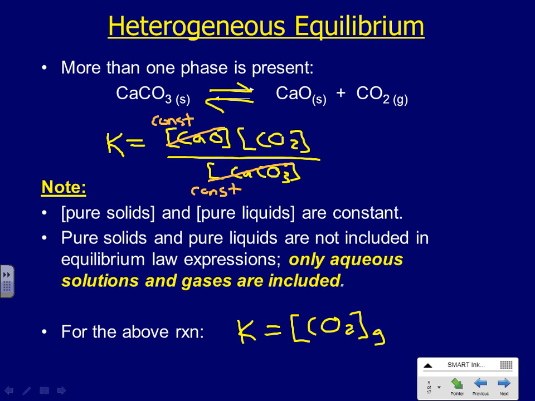All right? It's that simple. Oh, sorry, you don't include the G. I don't know why I put that there. It's simply equal to the concentration of CO2, because it is a gas. So you don't include solids or pure liquids in your equilibrium expression law.